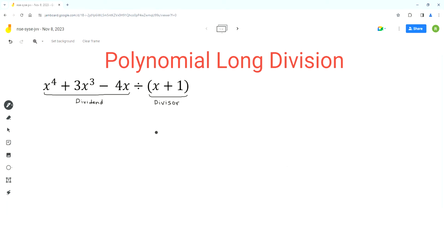We can start the polynomial long division by doing the setup. First we write out the dividend: x to the power 4 plus... Now in this dividend, you can see that the highest power on the x is 4.